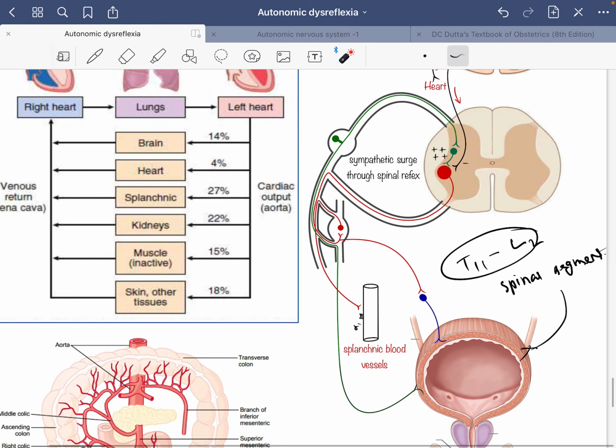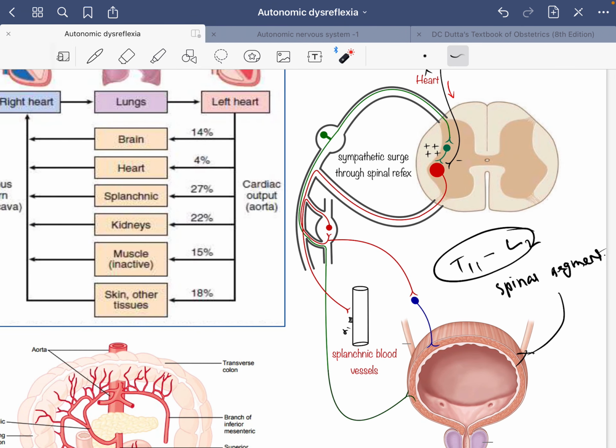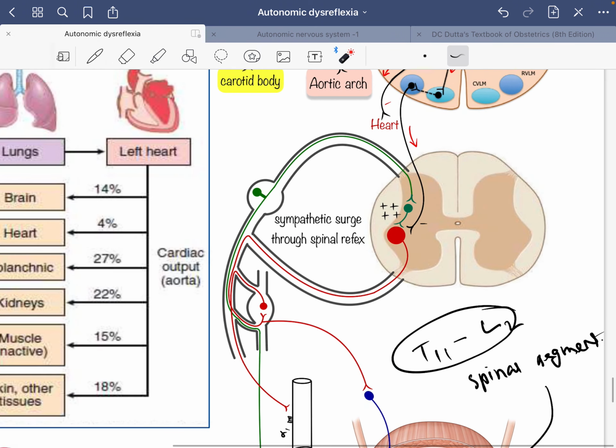Whenever the urinary bladder is distended or full, there will be a strong pressure sensation, a distension or stretch sensation, which will be carried through this sensory sympathetic fiber, and this will ultimately activate the lateral horn cell.